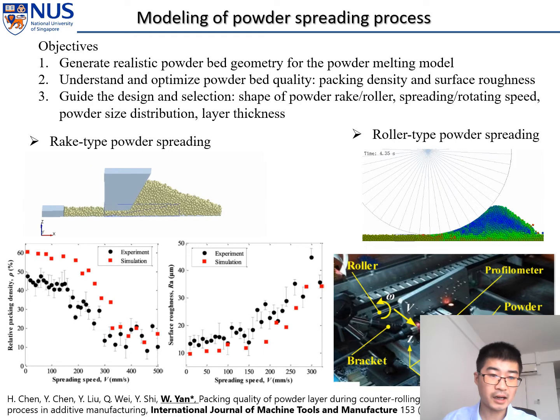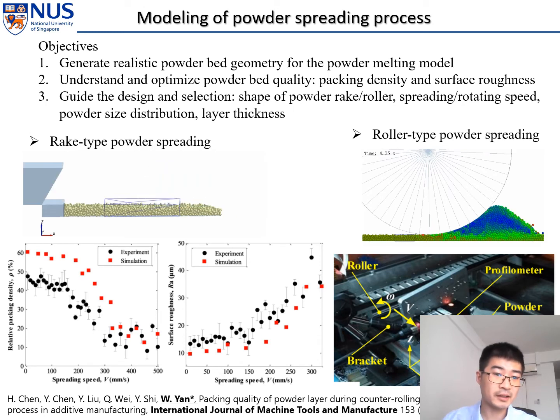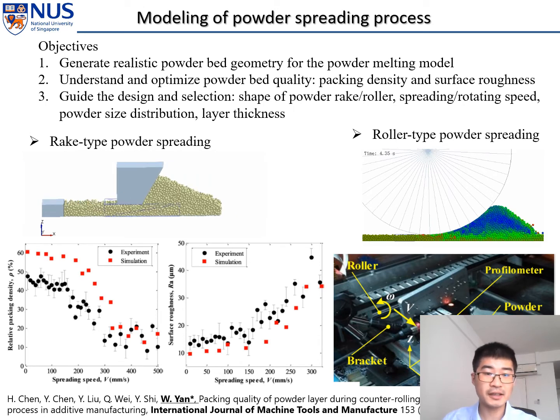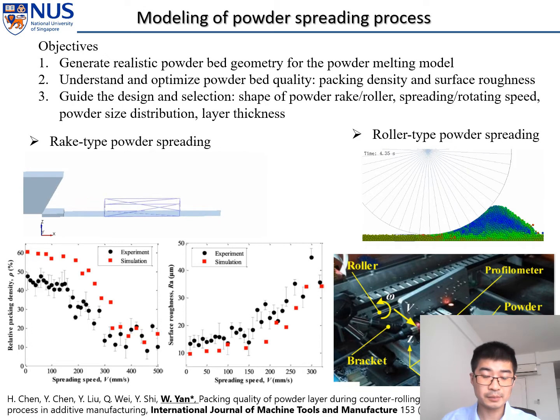This is the experimental and simulation results. You can see that with the increase of the spreading speed, the relative density is decreasing and the surface roughness is increasing. That is, with the increase of spreading speed, the powder bed quality is getting worse.